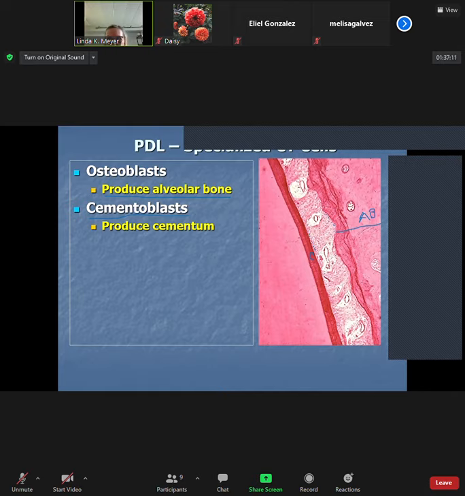So what I'm showing you is that the cells that produce the alveolar bone are outside of the bone in the periodontal ligament space. Osteoblasts on the bone side, cementoblasts on the cementum side. So they actually line up all along those tissues. I'm just showing you in one little area, right?